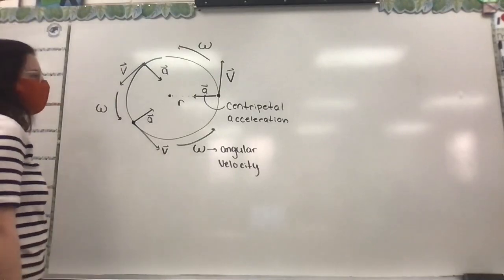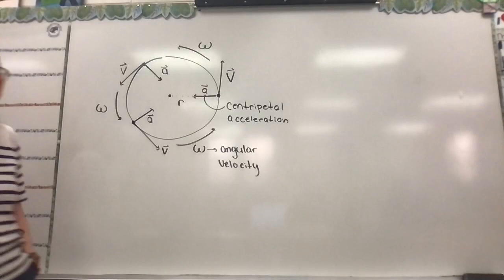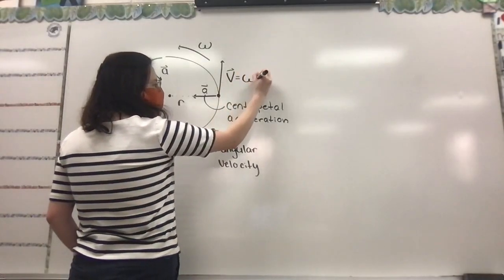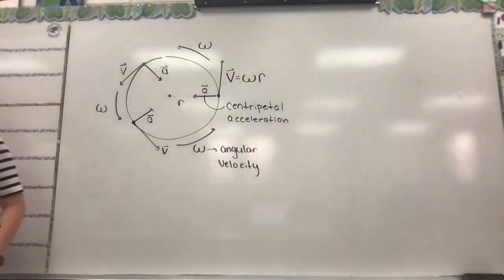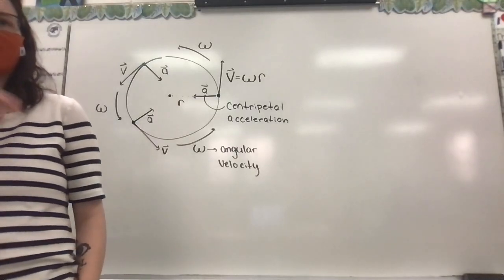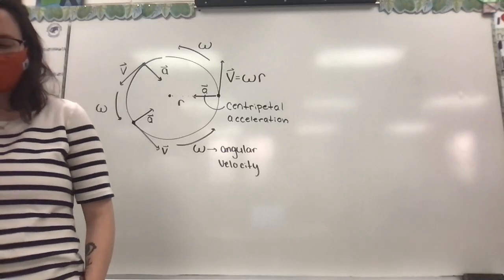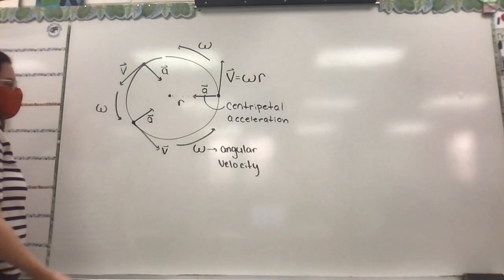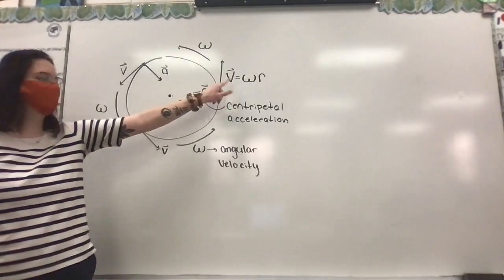And how we represent our tangential velocity is that it's actually equal to that angular velocity times the radius of the circle. Okay, so we're going to take angular velocity, multiply it by the radius of the circle, and that will give us our tangential velocity. Okay? And then you might be wondering, well, you gave me an equation for this.